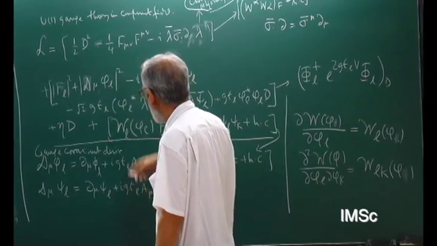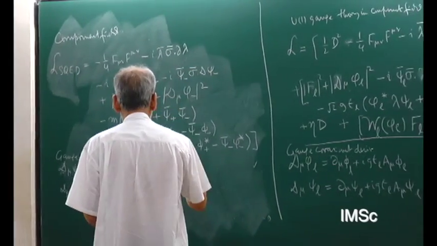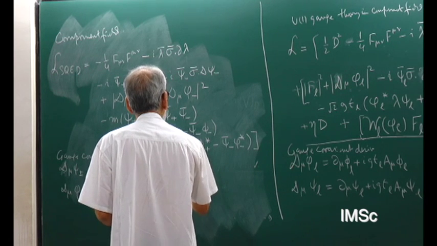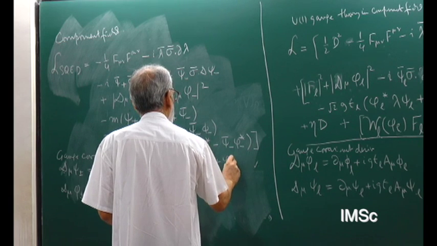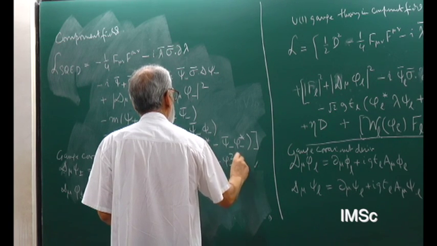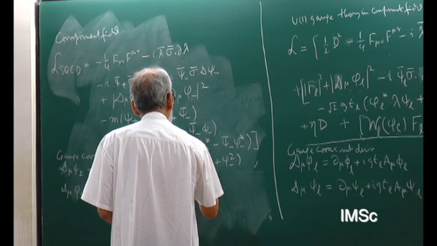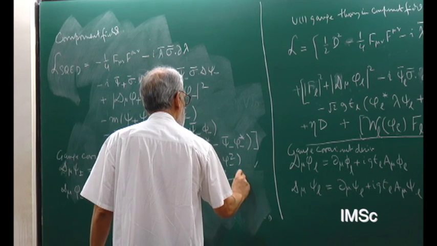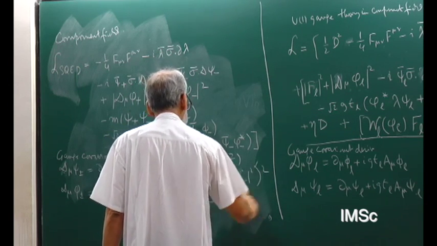Then, having eliminated the auxiliary fields, we have the potential. The potential is m square mod phi plus square plus m square mod phi minus square, plus e square by 2 times mod phi plus square minus mod phi minus square, whole square.